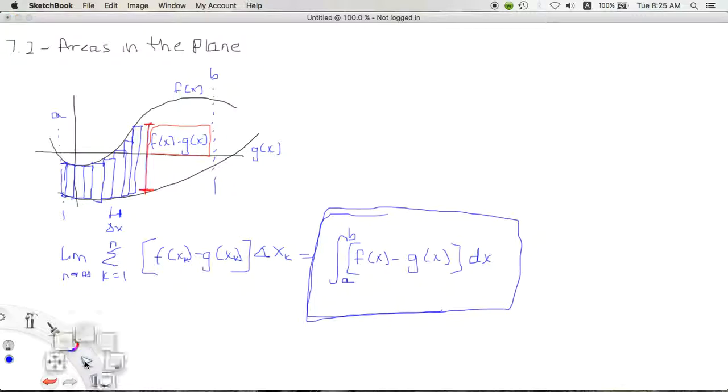So let's do an example. Let's say we have the function y equals x squared minus 1 and y equals x plus 1. Now, the easiest thing to do is to put this on your calculator, and you get your parabola here, and you get your line here. And on your calculator, when you graph these, remember you can find these intersection points.